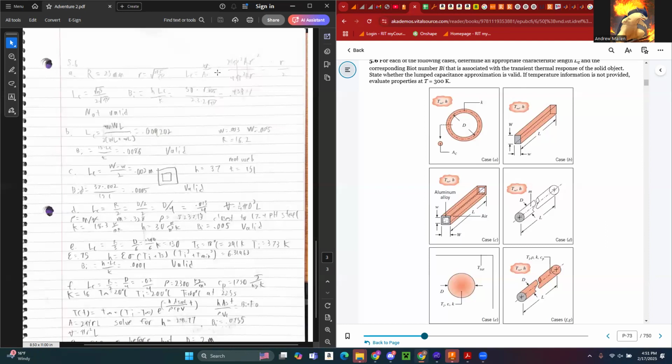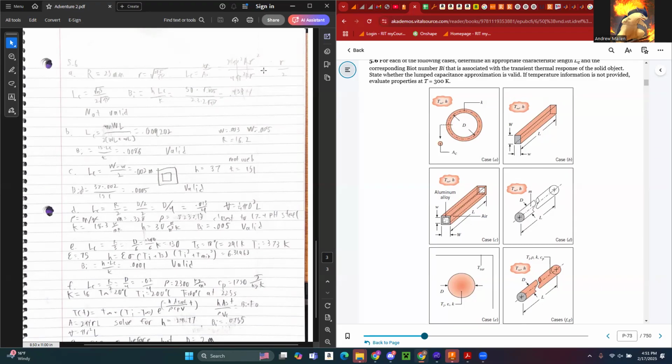Volume of a torus is 2 pi squared big R little r, with big R being the radius from the center to the center circle inside the torus, and little r being the cross-sectional radius. And the surface area is 4 pi squared big R little r.